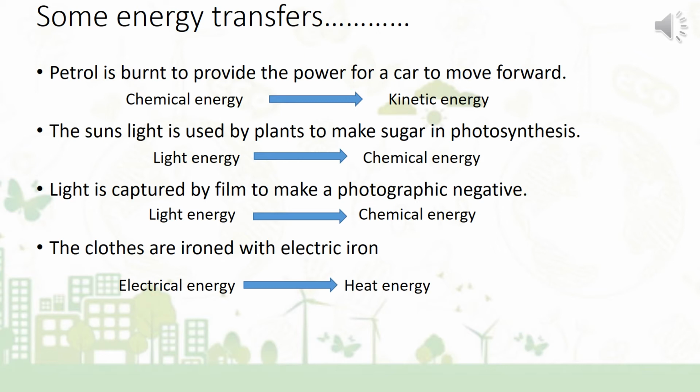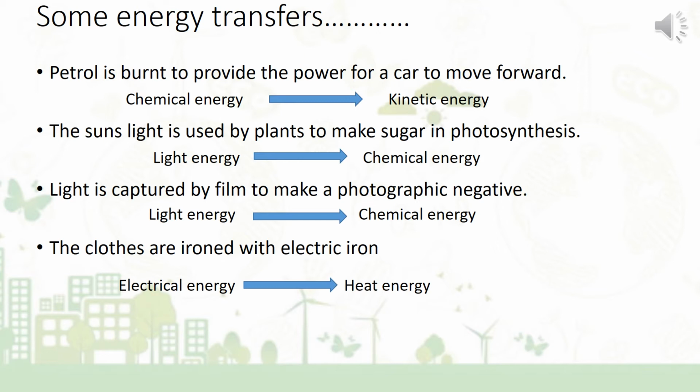Making a chemical substance that contains chemical energy. So the light energy of the sun is converted into chemical energy. Here the energy source is the sun.